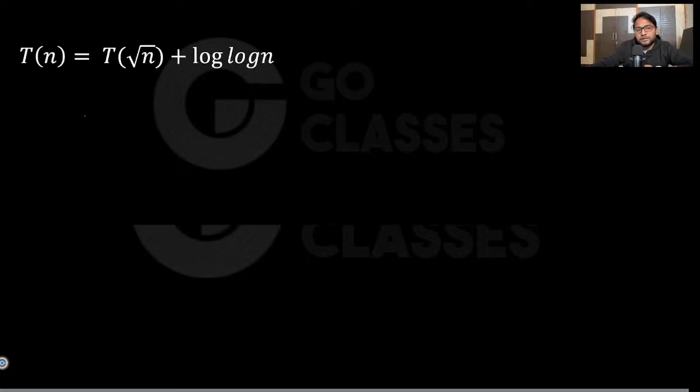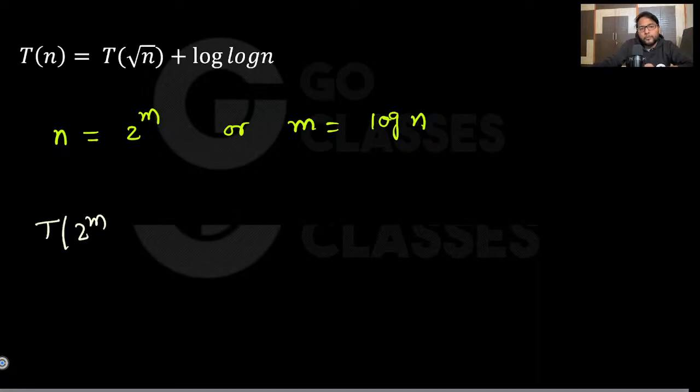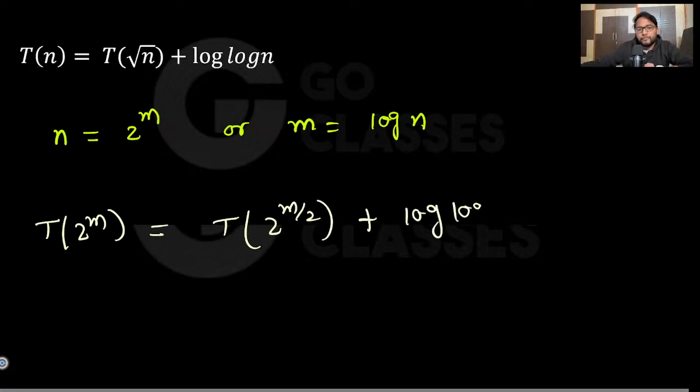Now let's solve this. Step one: m is log n. Then T of 2 power m equals T of 2 power m by 2 plus log n. Now assume that to be S of m.